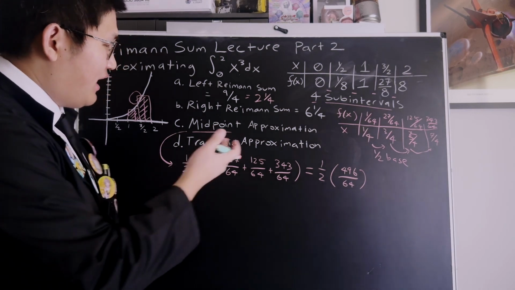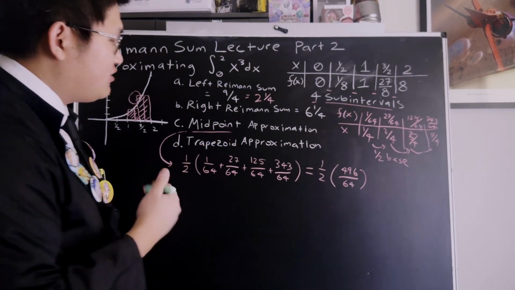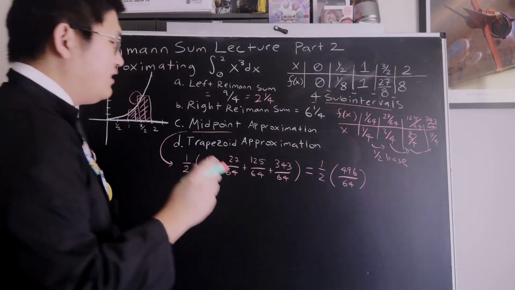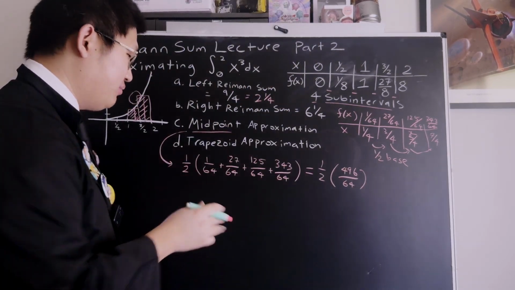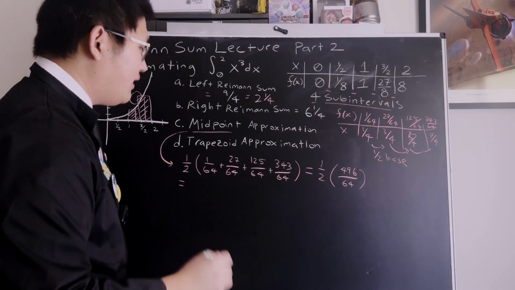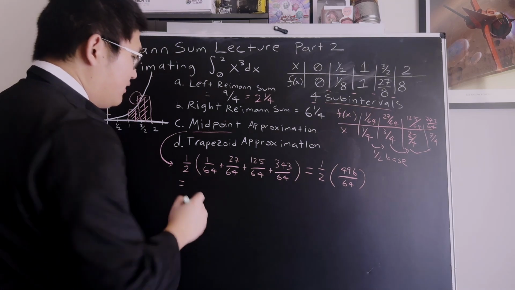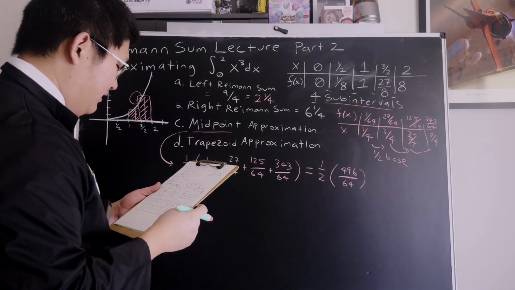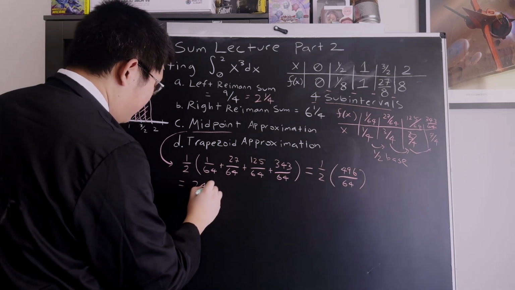We just need a few more steps to make this fraction look more palatable. And so by multiplying that 1/2, we end up with 240 over 64.